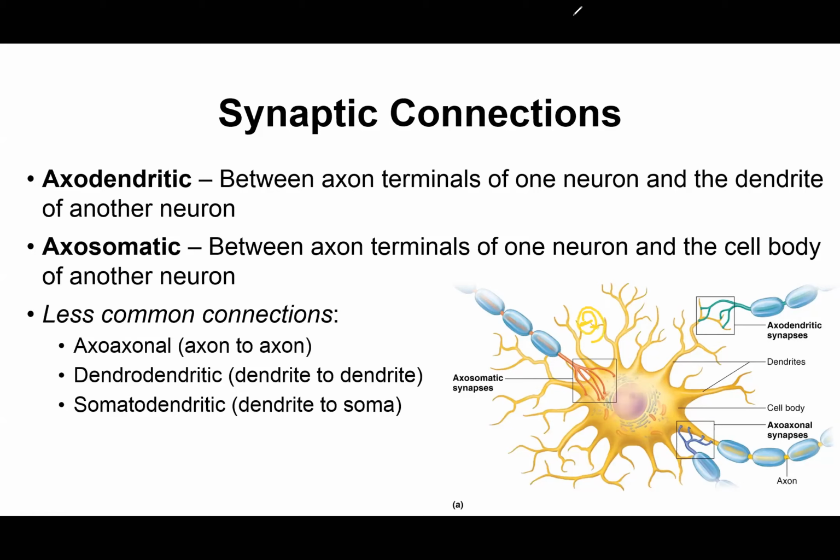That's going to be dendrite to dendrite, or dendrodendritic. Try saying that fast, not easy. Alternatively, you might have a connection that goes from the soma of one cell to the dendrite of another cell, and that can happen as well, but those are much less common connections.